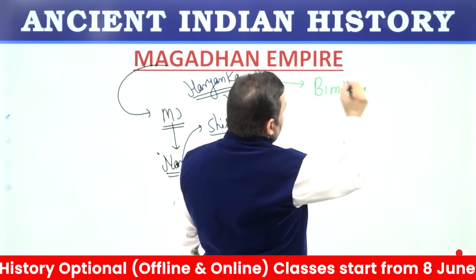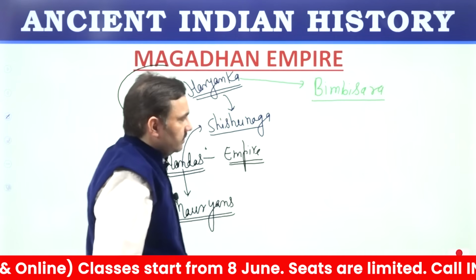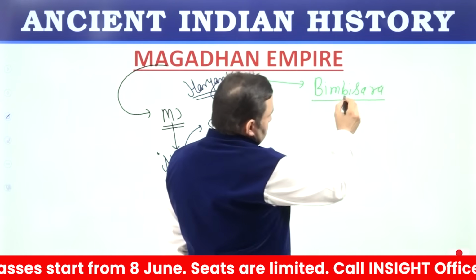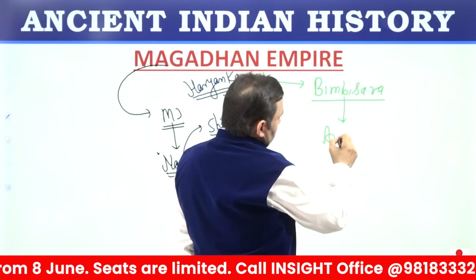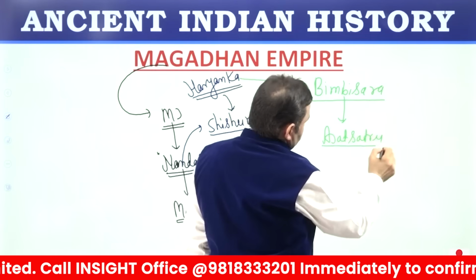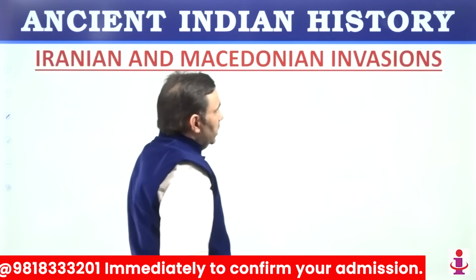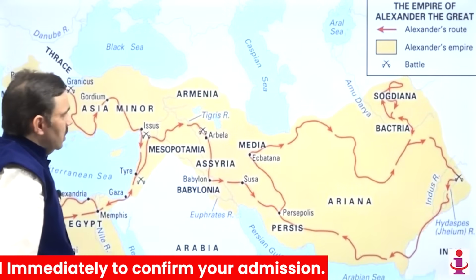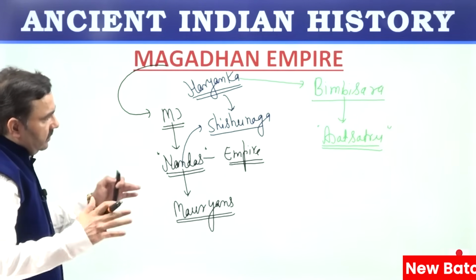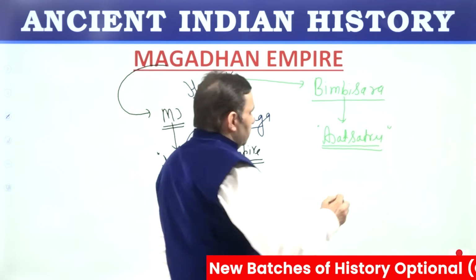Son of Chandragupta Maurya was Bindusara. This was Bimbisara. Bimbisara's son was Ajatashatru, and he was very powerful. He transformed Magadhan Mahajanapada into a very big, very powerful kingdom.